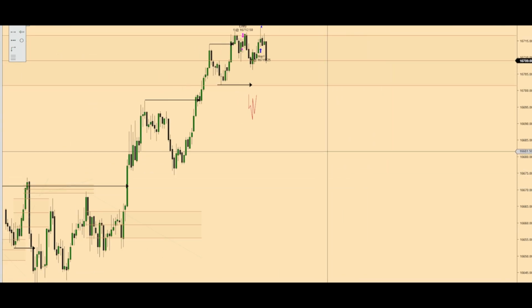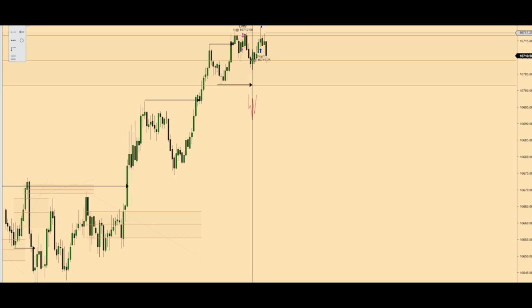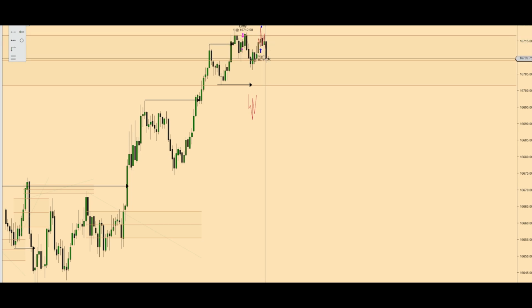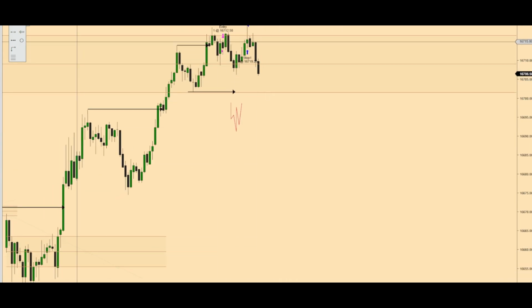But is this the double top? After one more sweep, got the high, low, high. Can't even see. Low, high, low. No, we didn't. We didn't return back yet. Double top.